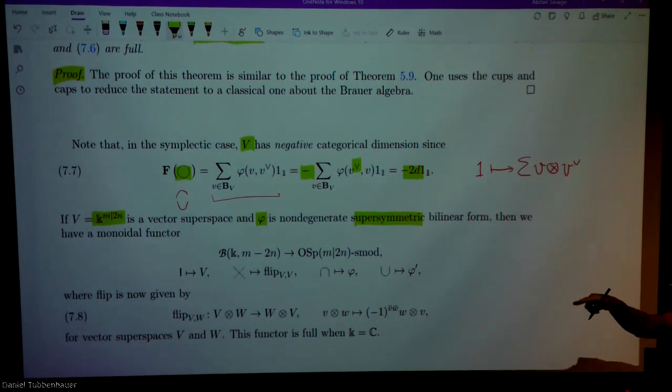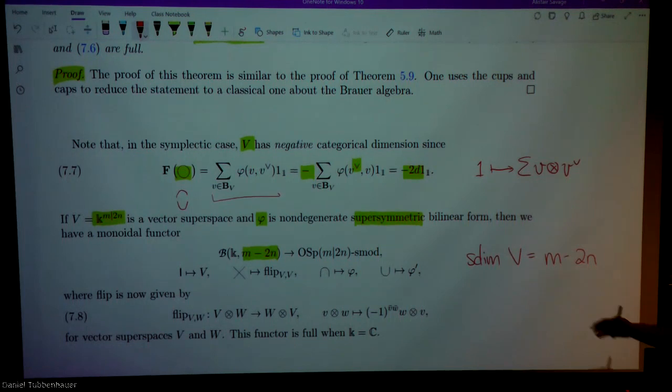That means it's symmetric on the even part and skew symmetric on the odd part. And then you have a monoidal functor you can check from the Brauer category at parameter m minus 2n, and that's the super dimension. The super dimension of a vector space, by definition, is the dimension of the even part minus the dimension of the odd part.